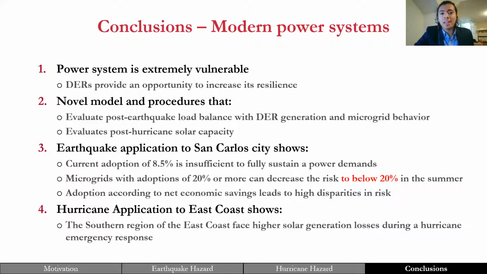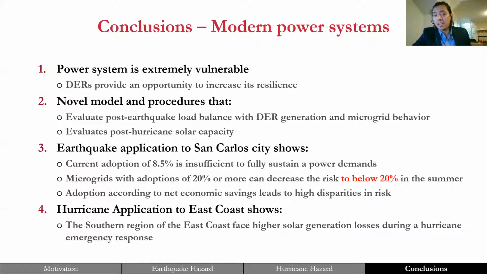And you can see that adoption according to net economic savings can lead to massive disparities here. So I think there's work left for policymakers to give incentives for neighborhoods that wouldn't be able to adopt otherwise, so that they can have more equitable resiliency through their city.